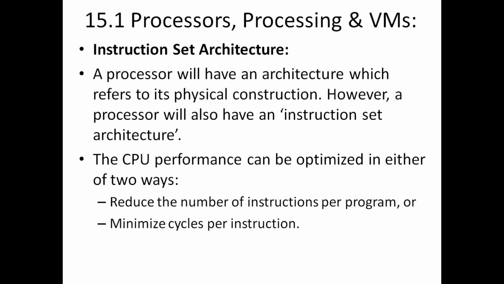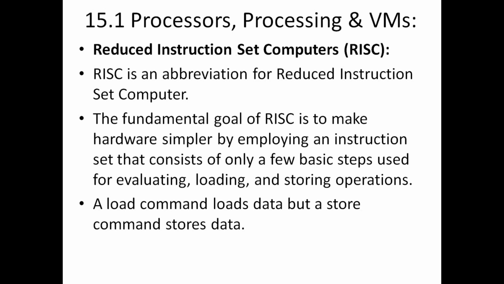You can either reduce the number of instructions per program, writing fewer instructions so they can be processed more quickly to perform a task, or minimize cycles per instruction, reducing the time dedicated per instruction so all the instructions can be processed in less time.